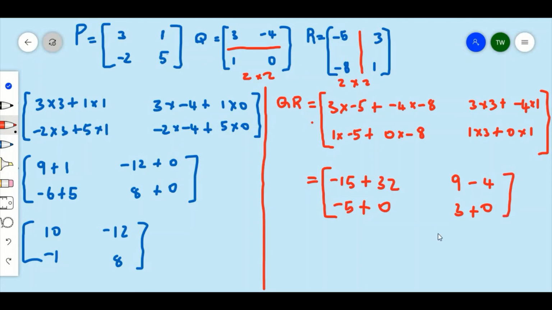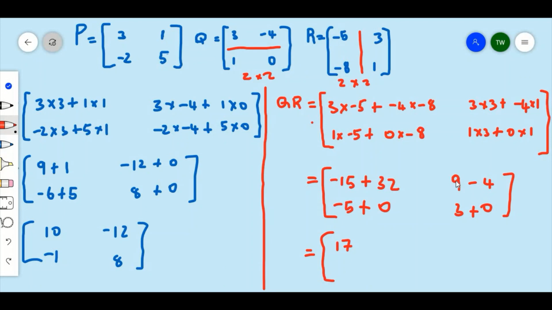Now to our final step. Negative 15 plus 32, that's going to give us a positive 17. Remember that negative 15 plus 32 is just the same thing as saying 32 minus 15.